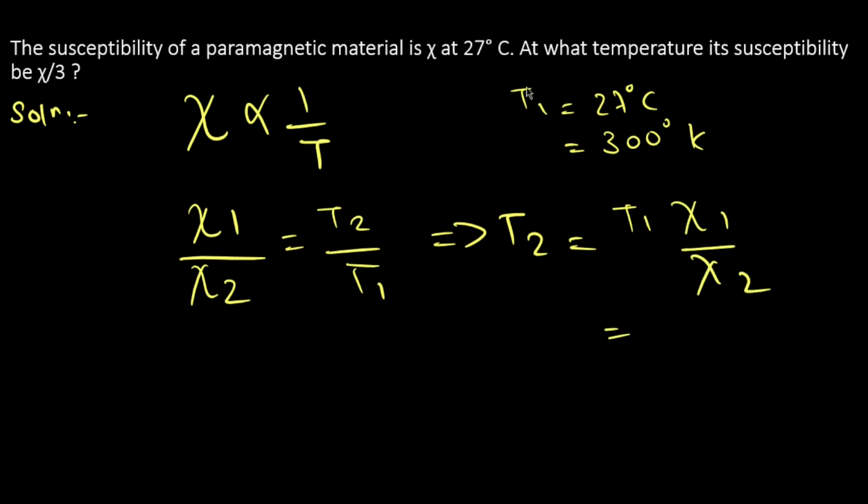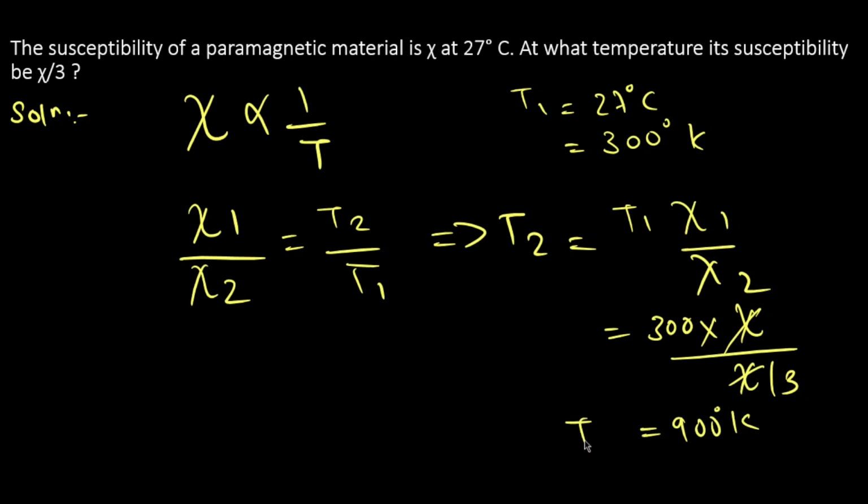Since chi 1 is chi, that is at 27 degrees Celsius, T1 is 300 Kelvin into chi 1 is chi divided by chi 2, that is chi by 3. So this will get cancelled and 3 will go up, which will be 900 Kelvin. So at temperature 900 Kelvin, the susceptibility will be one third of the original susceptibility at 27 degrees Celsius. So 900 Kelvin can be written as 627 degrees Celsius. So this is the temperature.